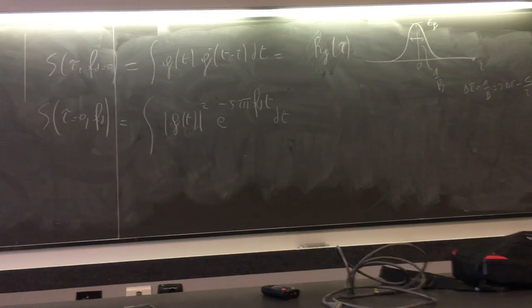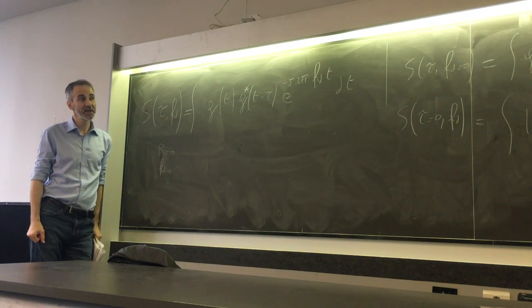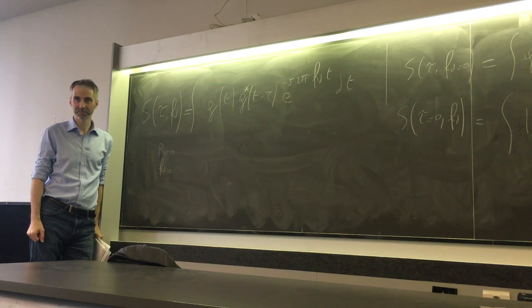And so you get that this section is the Fourier transform of the absolute value of your pulse.